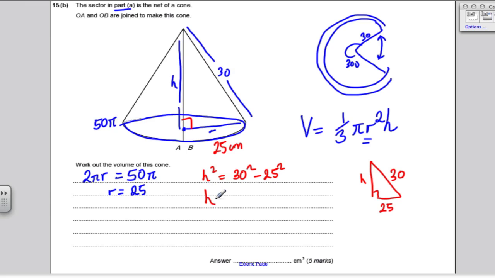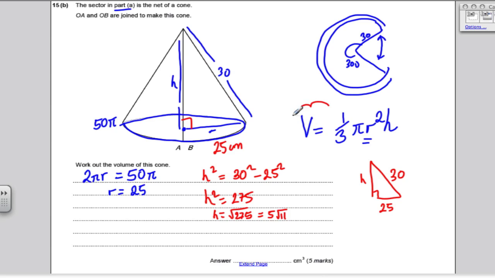So h squared would be 275. So h would be the square root of 275, which we're just going to write now as 5 root 11. That's what my calculator tells me.